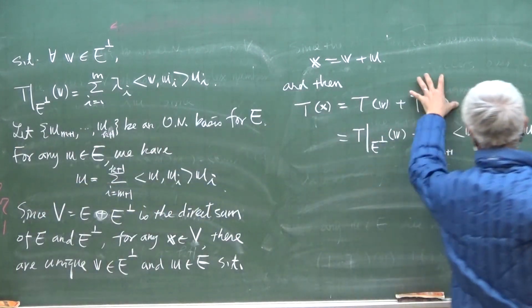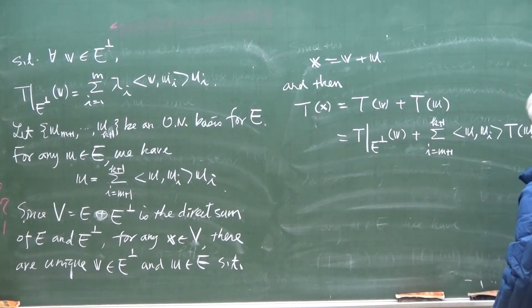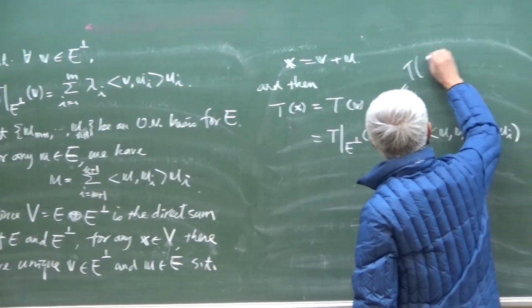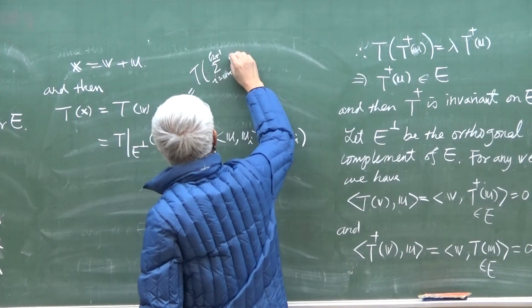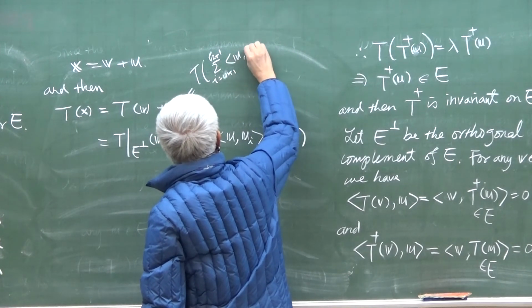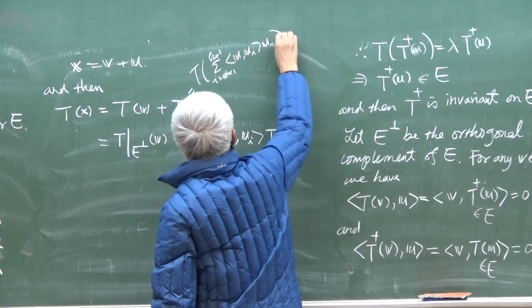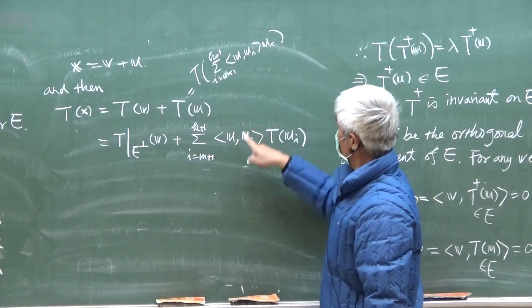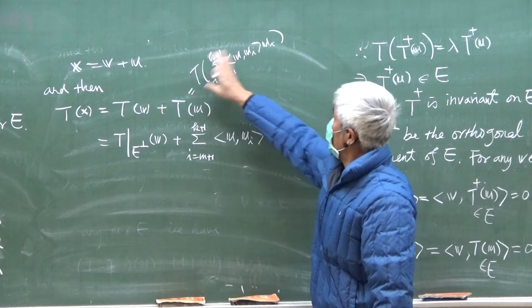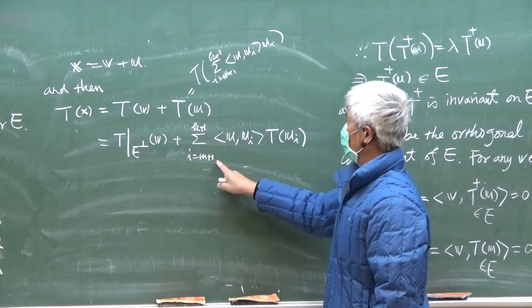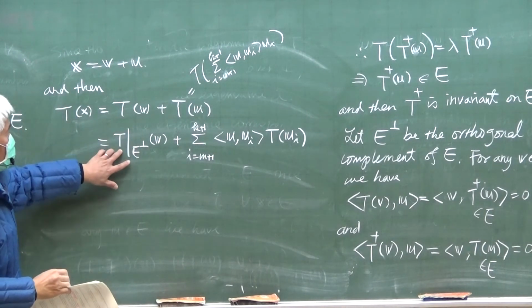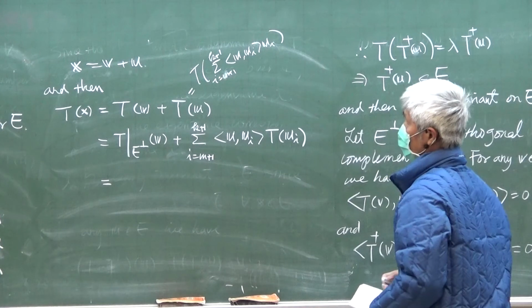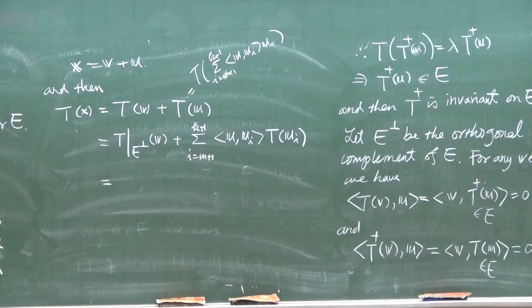So by linearity, the coefficient moves out of the T, and this one, because T has a spectral decomposition already.